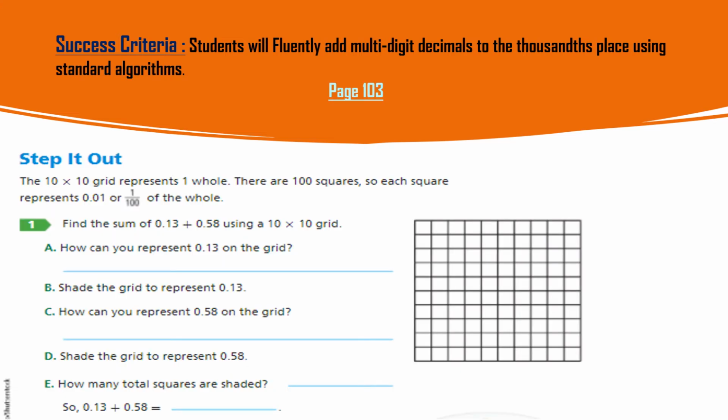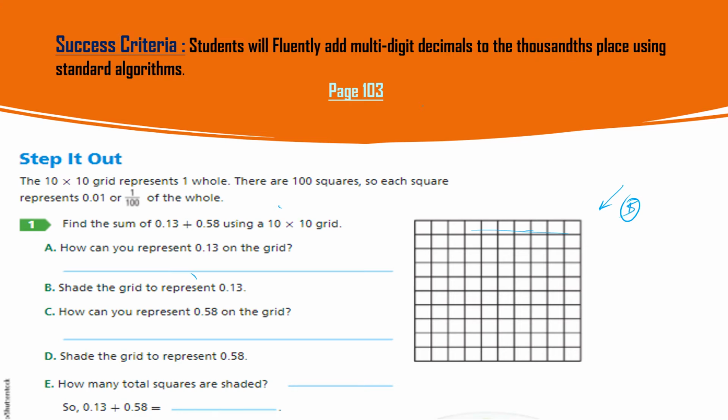Okay. Now here they are asking you to solve this question through the graphing or through the grids. Okay. The 10 by 10 grid represents one whole. So here this whole 10 by 10 grid is equal to one whole. Let's see what they are asking you.